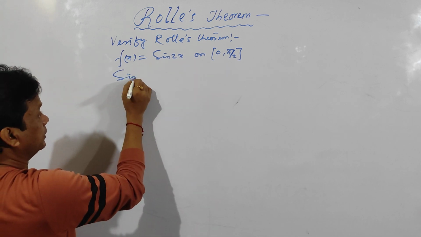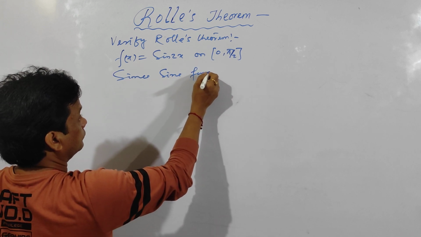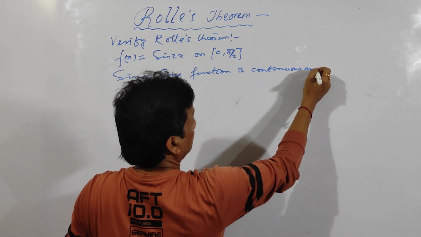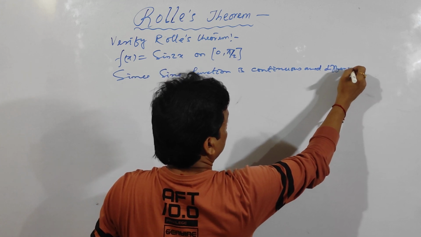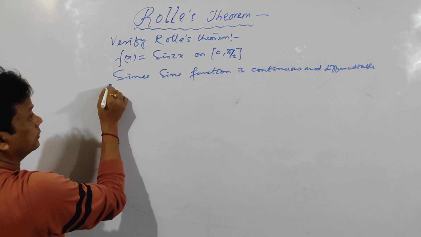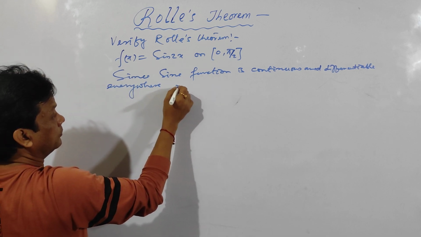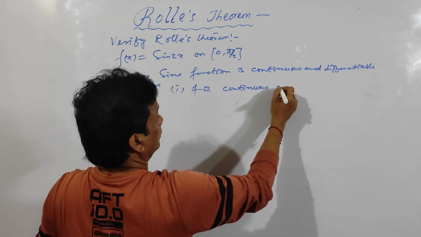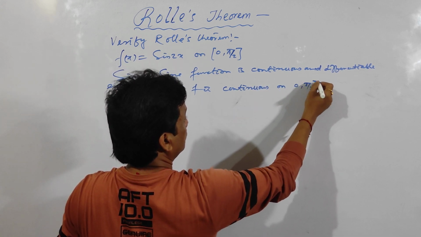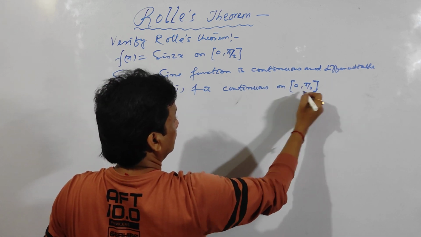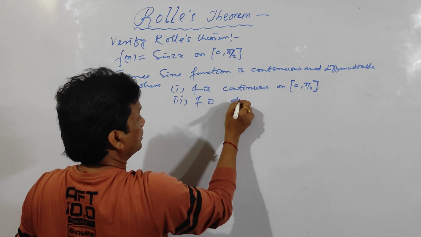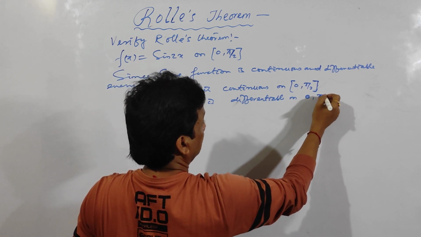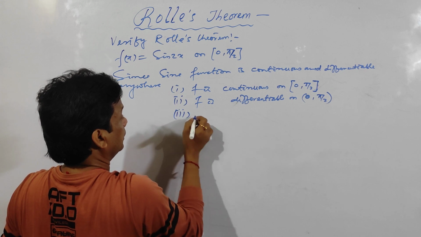So you should write, since sine function is continuous and differentiable everywhere, bit 1, f is continuous on the closed interval 0 to pi by 2, and bit 2, f is differentiable on the open interval 0 to pi by 2, and bit 3, f of 0.